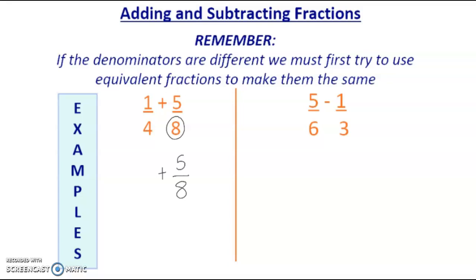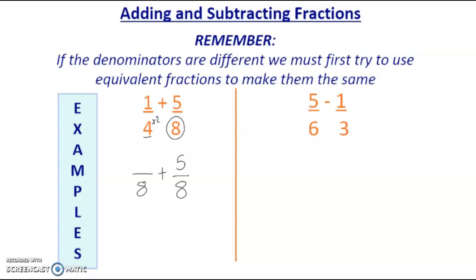But the first fraction, 1/4, I want to change that into something out of 8. I want to use an equivalent fraction. What do I times 4 by to get to 8? 4 times what is 8? Yes, 4 times 2. I'm going to put a little times 2 there, and that's why I've got an 8 on the next row.